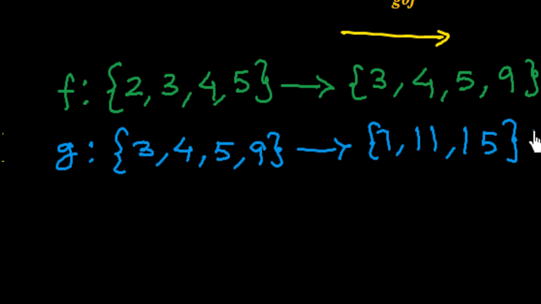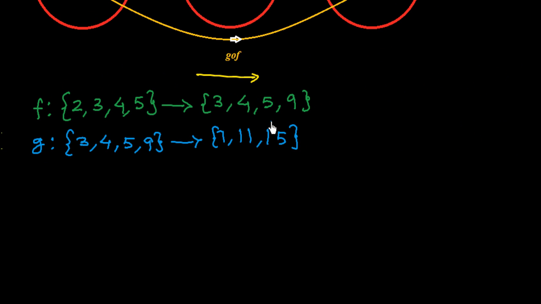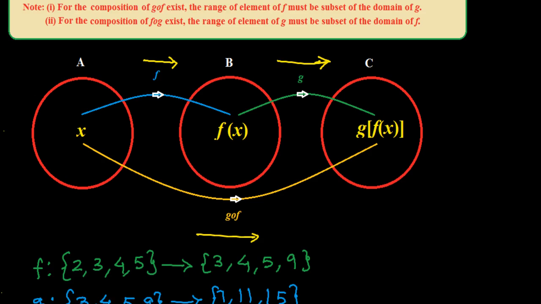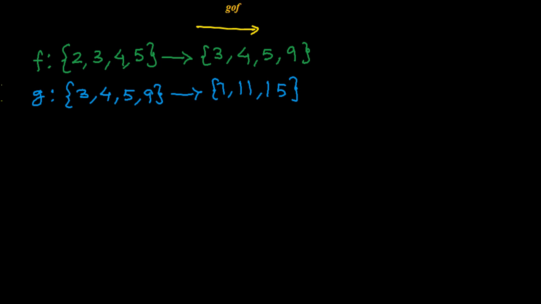First of all, we have to find the existence of f of g and g of f. As per the condition, for f of g to exist, the range of g must be a subset of the domain of f. The range of g here is 7, 11, 15, which is not a subset of the domain of f, which is 2, 3, 4, 5.